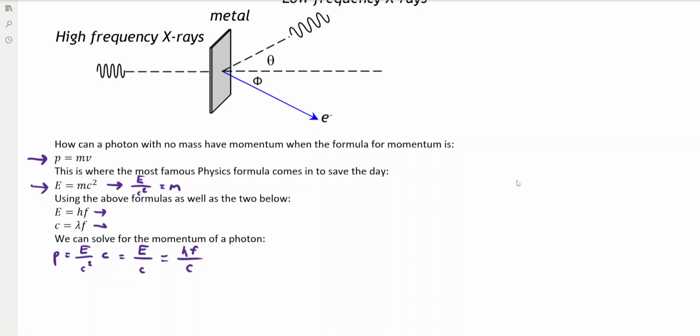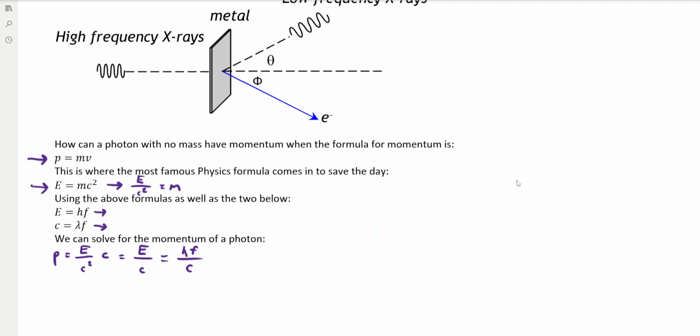But we can also use this last equation and simplify a little bit by solving for lambda. It would be c over f. No, that's probably not the nicest way of looking at it.